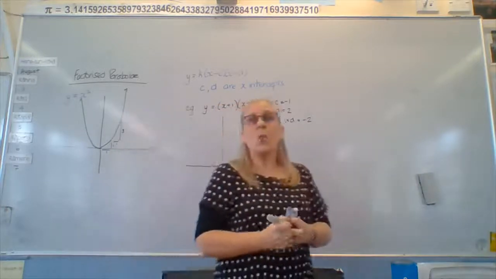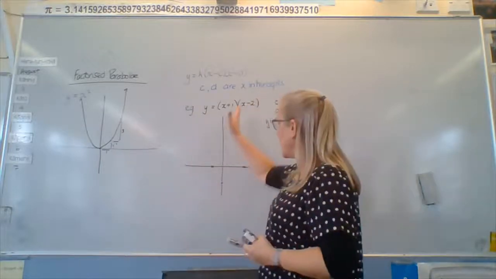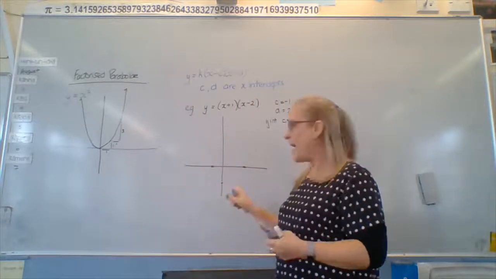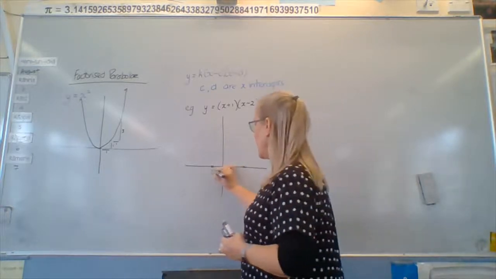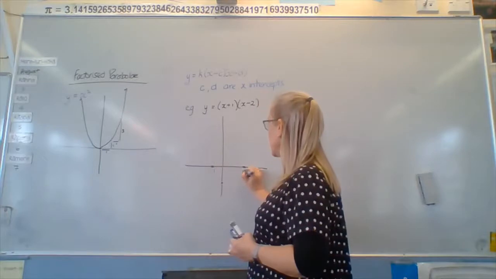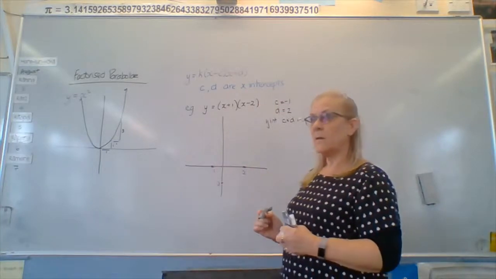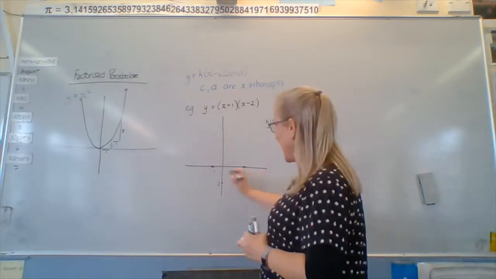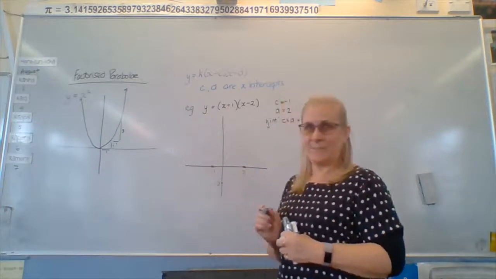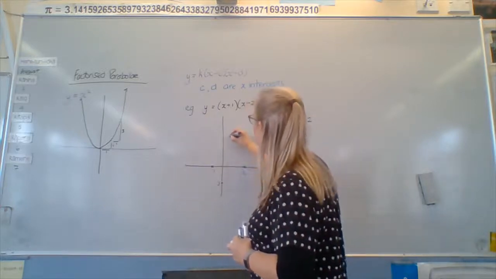All right, we also know that a quadratic is symmetrical, so there's a line halfway down the middle. So halfway between -1 and 2 is, halfway between here. Good, a half.